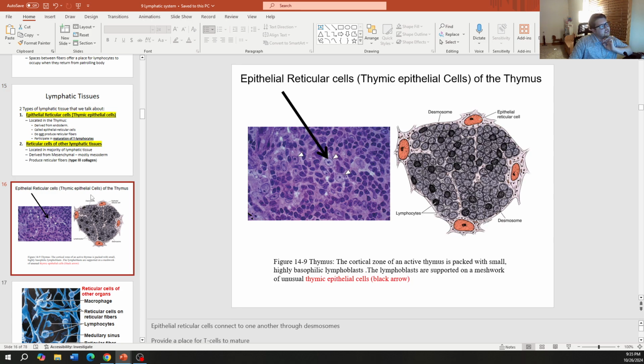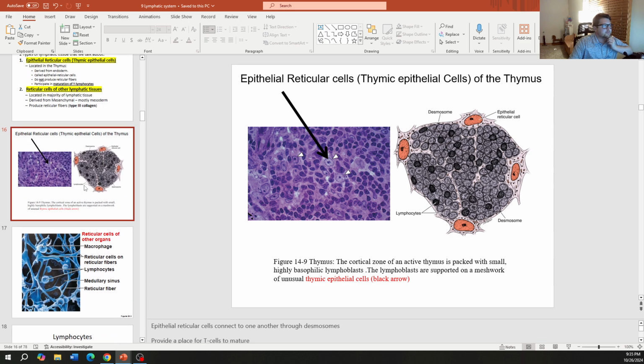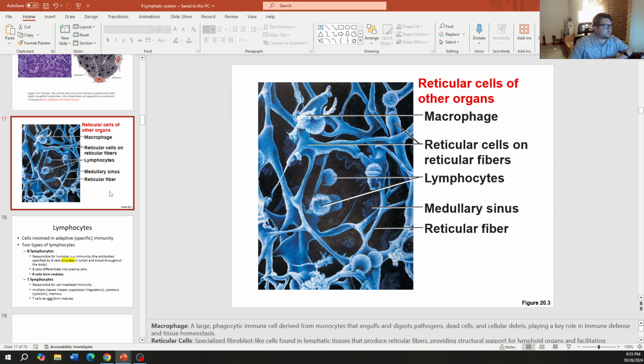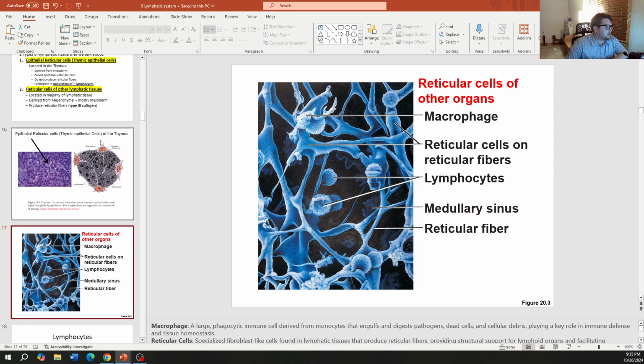Here's just an example, a picture of those epithelial reticular cells. We're going to see this picture again in a little bit. Here we have the macrophages, we have the reticular cells on reticular fibers, we have lymphocytes, and then we have the reticular fibers themselves. All of these are what make up our lymphatic tissues.